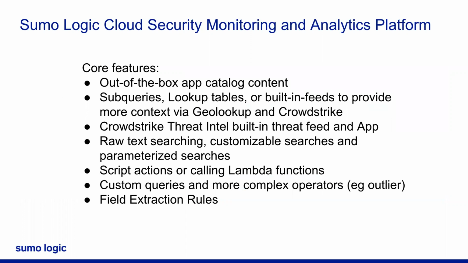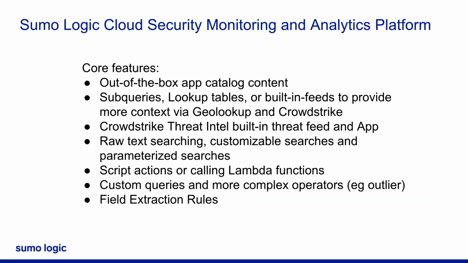To summarize, we talked about the core out-of-the-box content that we have. We have apps, queries, alerts and monitors, things that you can use directly from day one as you're bringing in all of the data.